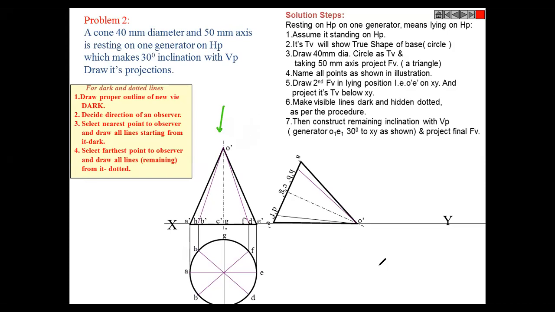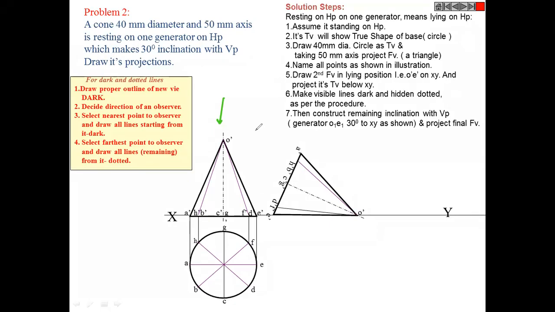Is my screen visible? Here, the axis is perpendicular to HP, and it is parallel to VP.